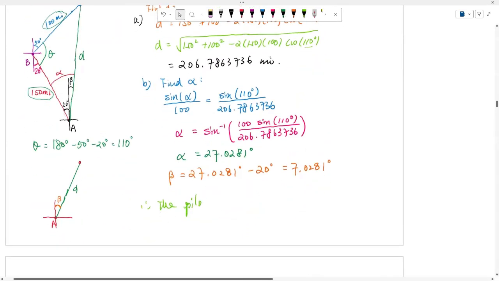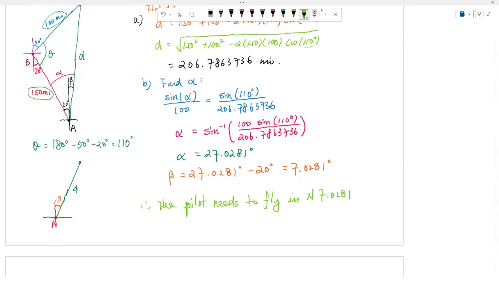So the pilot is to fly in this direction, north 7.0281 degrees east.